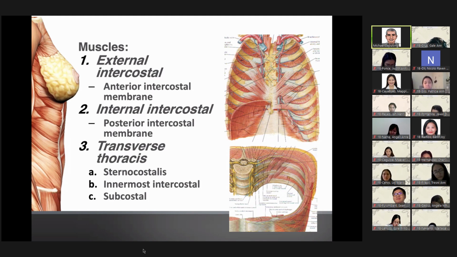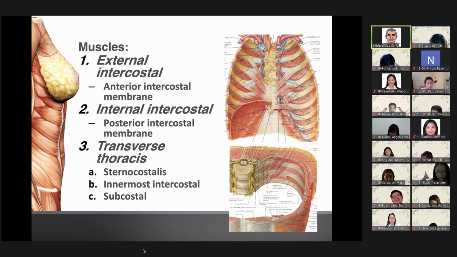But the main muscle of respiration still will be your diaphragm. Okay? So your intercostal muscles are accessory respiratory muscles. Okay? So as it depresses the rib, this happens during forceful expiration.